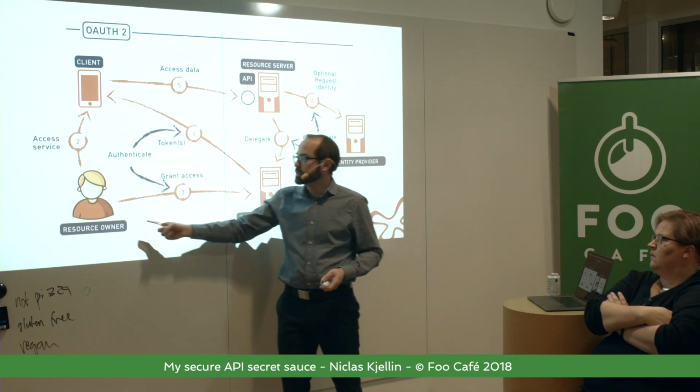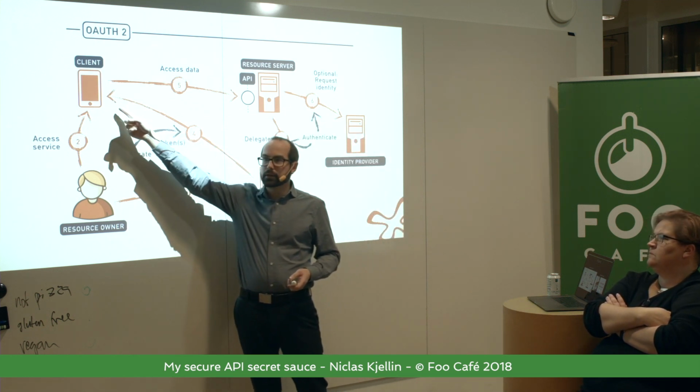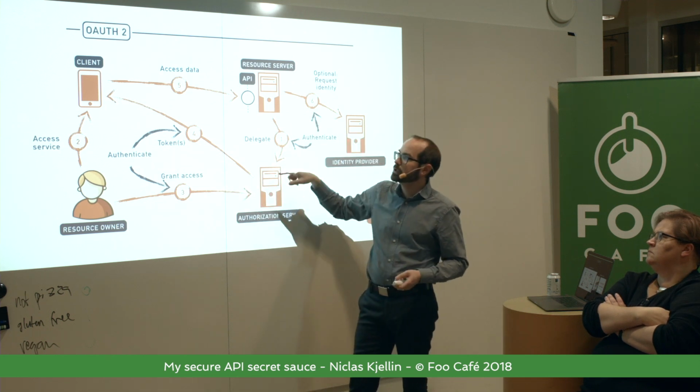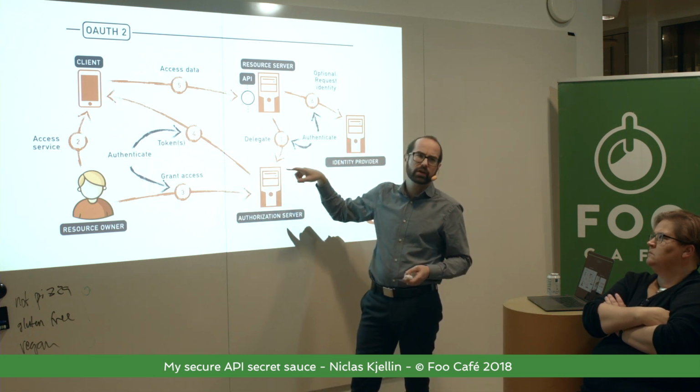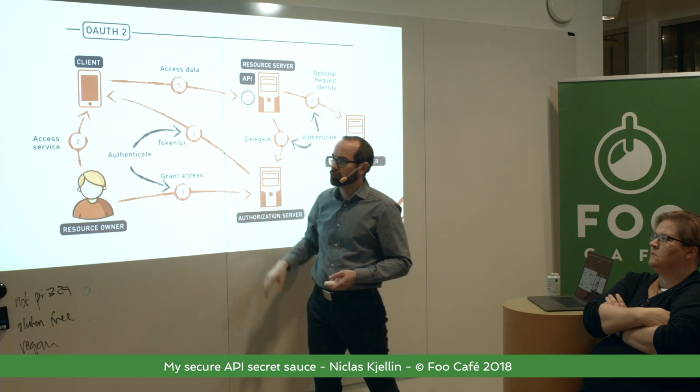Here, the user has to say who they are to this server. Here, the client has to say, I'm this client, because you have to pre-register every client. You create, like, a Facebook app or something like that, which your app or website talks to. That's that pre-registration being done.